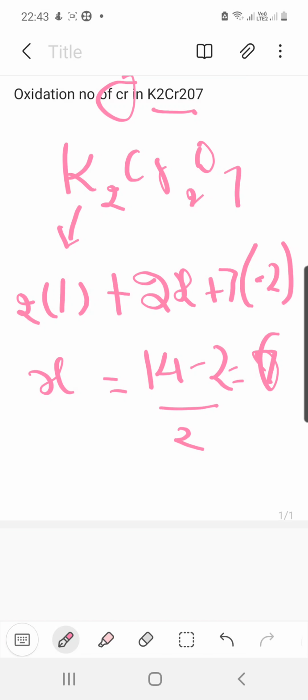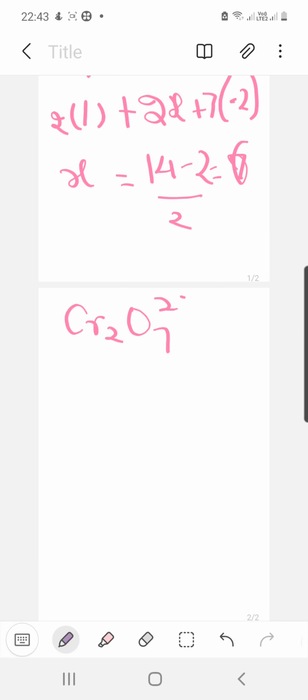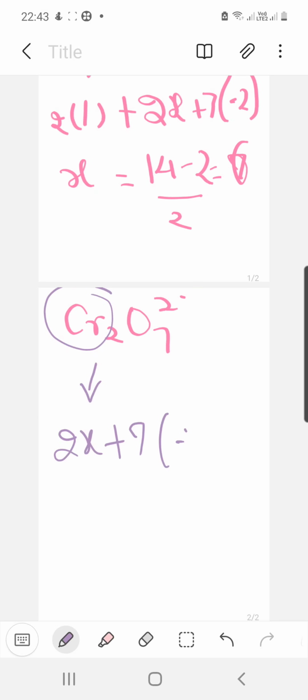6. The next question is to find the oxidation number of chromium in Cr2O7 2-. So it will be chromium's 2x plus 7 into oxygen's oxidation number of -2, and they gave the end product charge which should be -2.